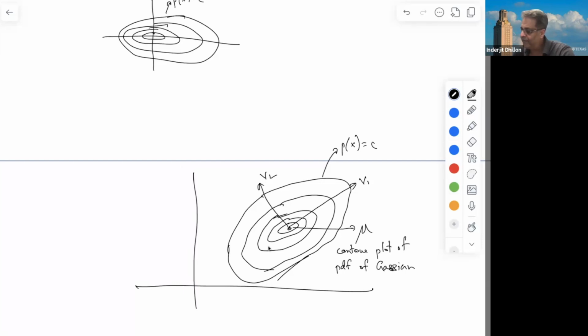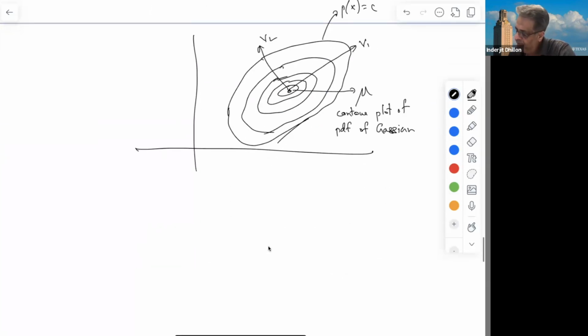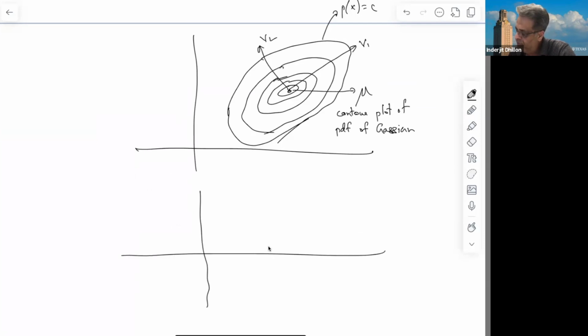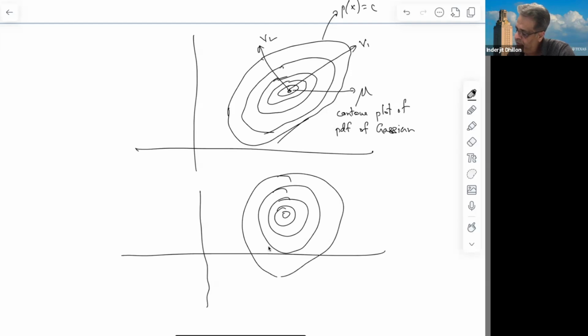So the special case is, for example, if it was like this, then this is saying that my sigma is diagonal, and that all my eigenvalues are equal.